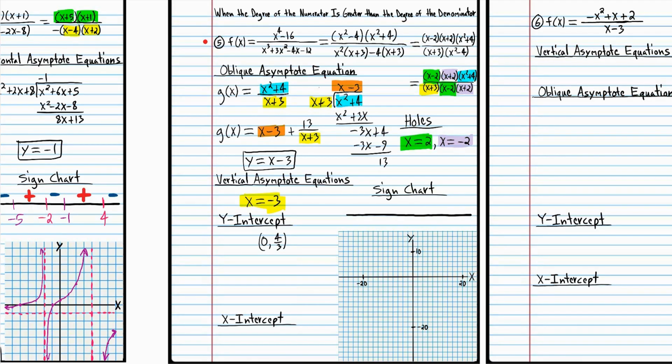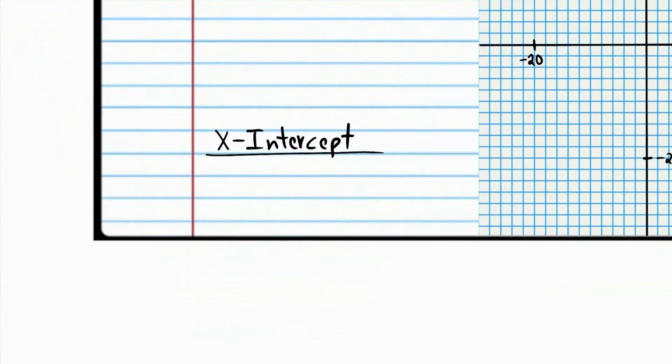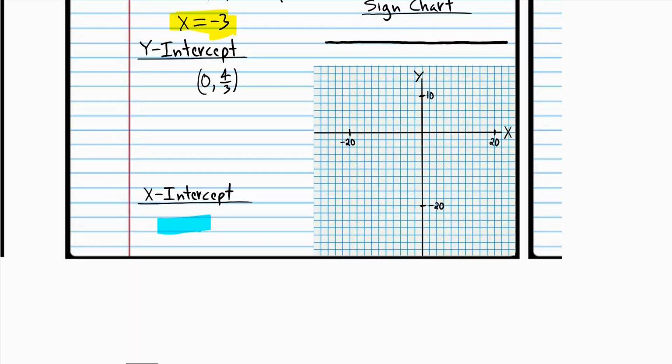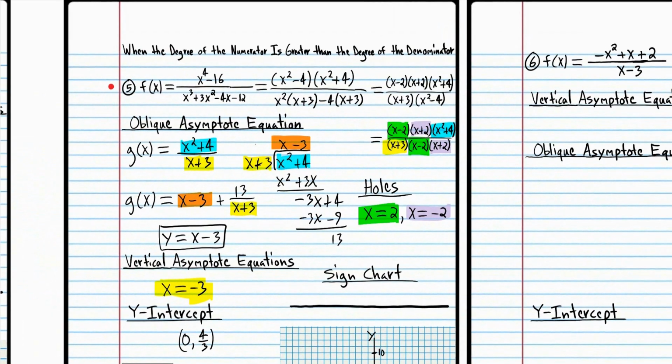So if we use that blue factor to try to find some x-intercepts, because remember, if you're going to try to find x-intercepts, you have to make y equal to 0 and then solve for x. In order to make y 0, we need to make the numerator of the fraction 0. We can't do that with the green and purple factors because they represent holes.